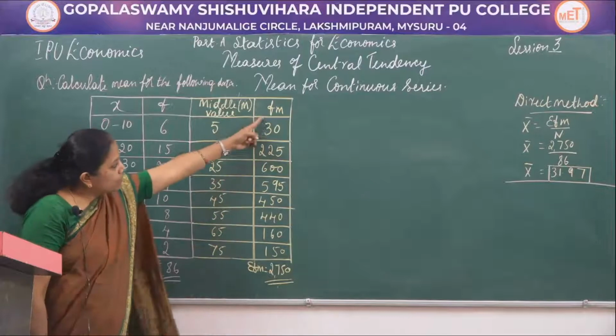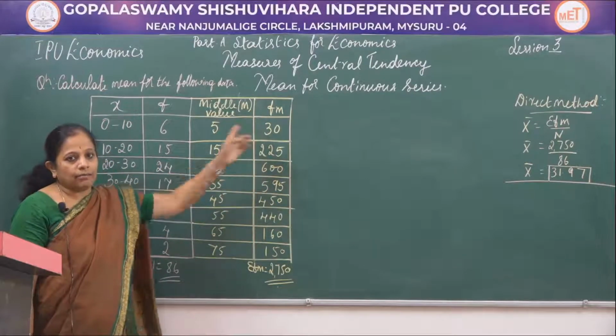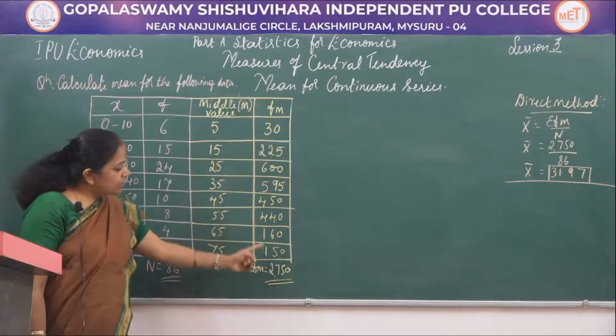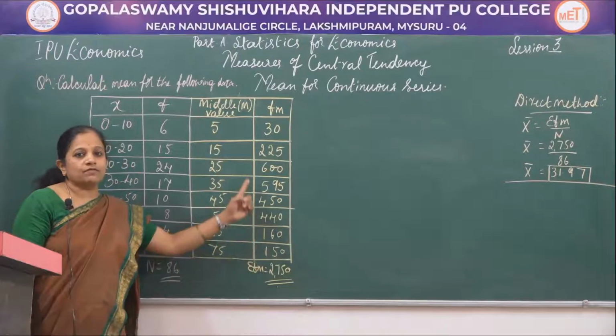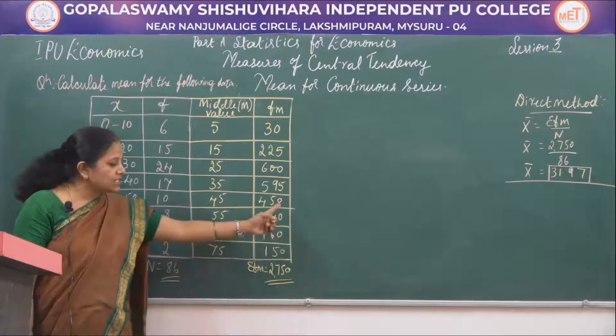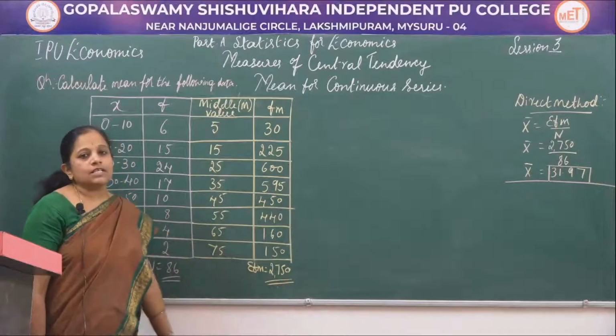So, the Fm is written against the frequencies and the middle values. Once all the Fm values are written, we take sigma Fm, that is the total of all these Fm values, and when we add, we obtain 2750.